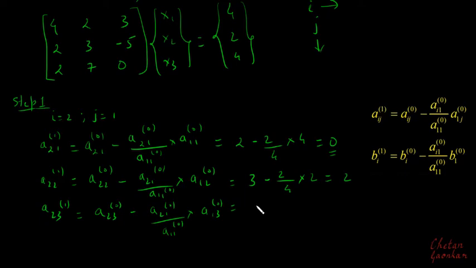So a23 original is minus 5, minus a21 original, which is 2, divided by a11, which is 4, multiplied by a13, which is 3. So this will be equal to minus 5 minus 2 into 3, that is 6 by 4, and this should be minus 6.5. So these are my new values of this row.